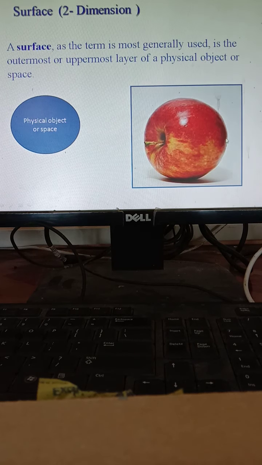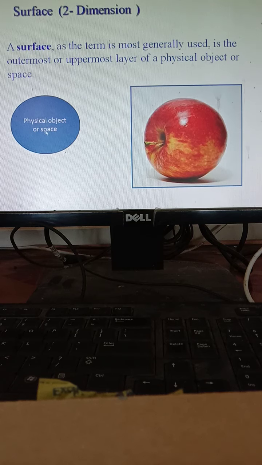Because in a two-dimensional pictorial picture of any region, if you take the simple example of an apple, it looks like an outer surface that is spherical. The outer surface layer is two-dimensional. It looks like a circle in two dimensions.